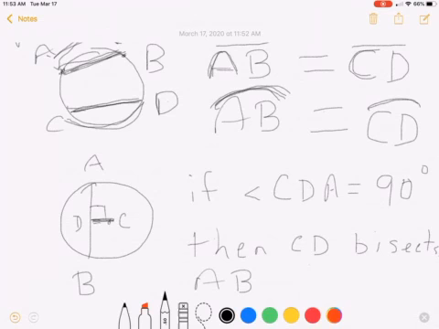If it's the bisector, then it's 90. Okay? So those are some things that we're going to be working with as we do our assignment today. Another statement that I want to introduce before I go through some demonstration problems is the following.